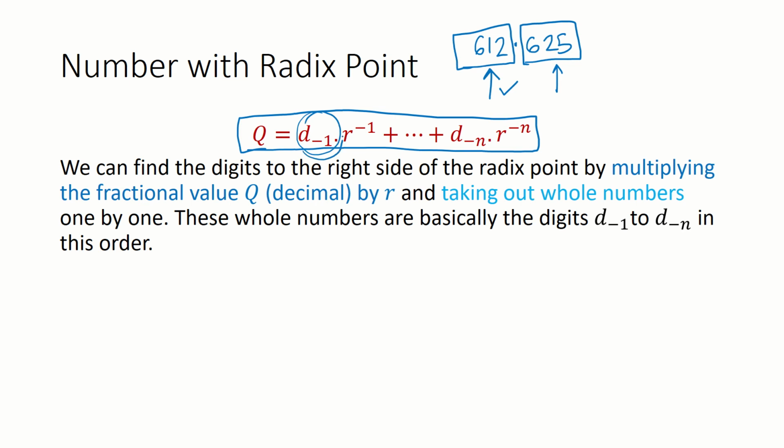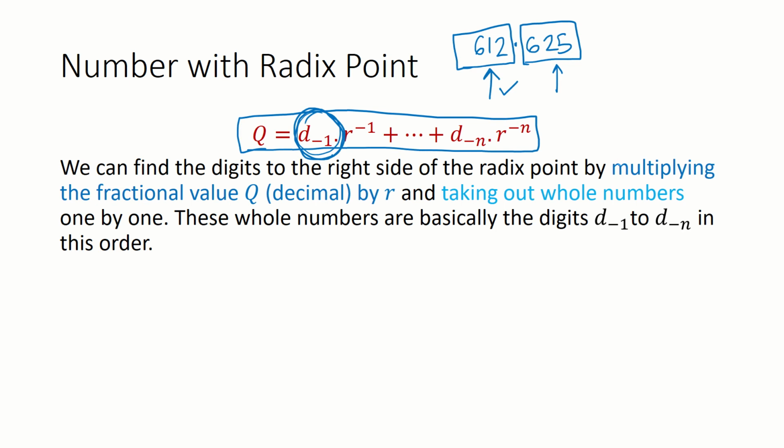The whole number part that you get will be d minus 1, the first digit to the right of the radix point. And what will happen to the remaining? d minus 2 r minus 2 will now become d minus 2 r minus 1.